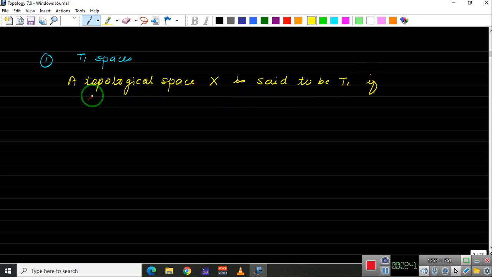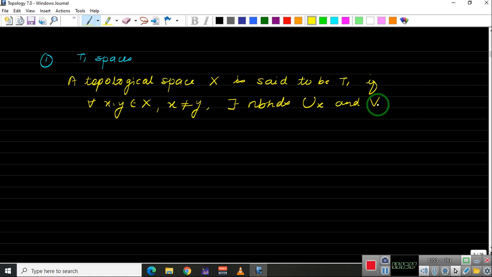if this happens. For all x and y belonging to the space X, x not equal to y, so you take any two distinct elements from X, there exist neighborhoods, say Ux, this is the neighborhood of x, and Vy, neighborhood of y.